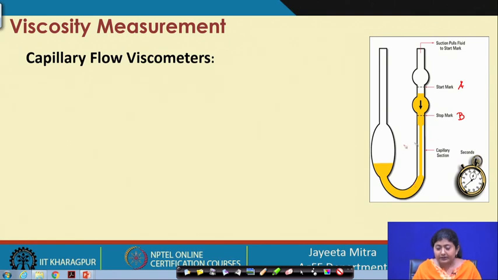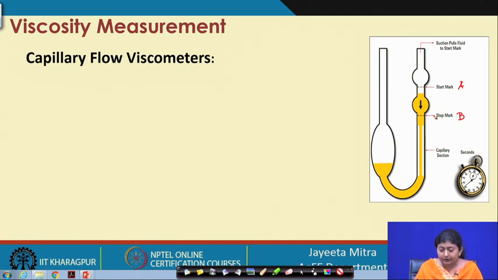So, in this method we get an idea of kinematic viscosity, because it gives us some indication of the dynamic viscosity as well as the effect of density. We know that kinematic viscosity is equal to dynamic viscosity divided by the density, and it is also called the momentum diffusivity.